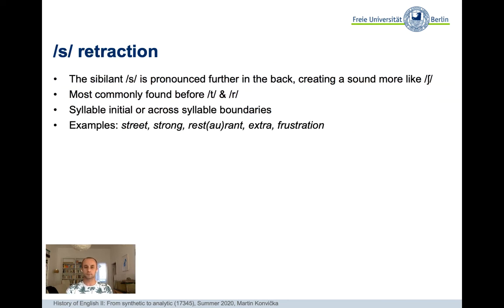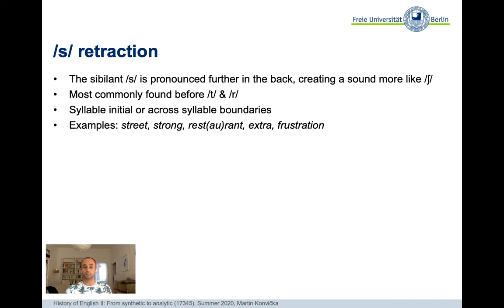So this S retraction is sort of an innovation where the S is pronounced further back in the mouth, which creates a sound that is more like sh than s, right? And it's mostly before consonantal clusters with T and R. And it can also work across syllable boundaries, right?